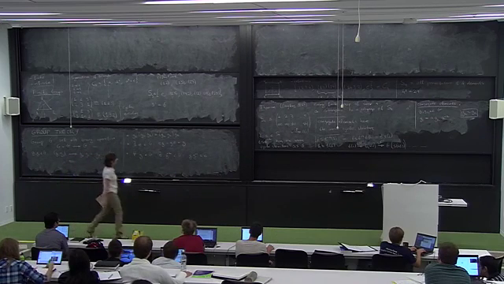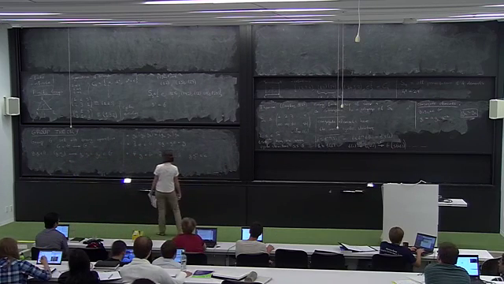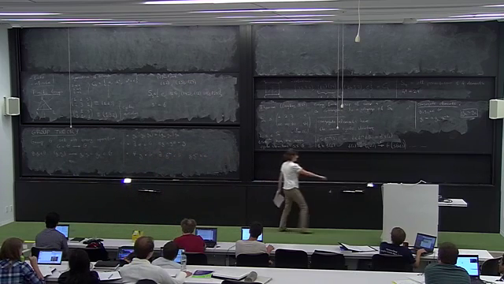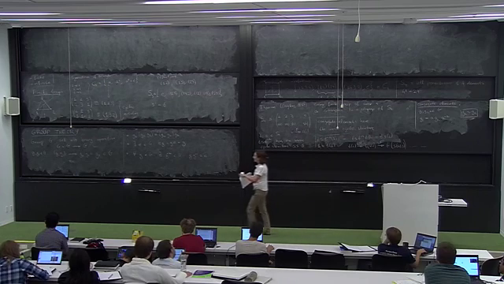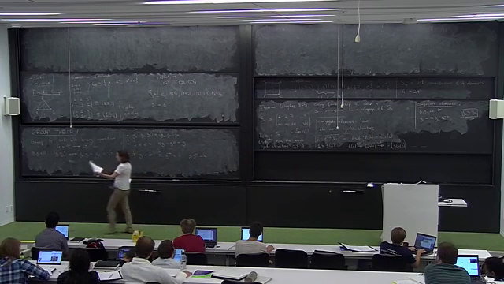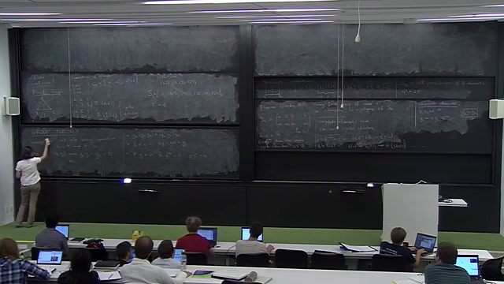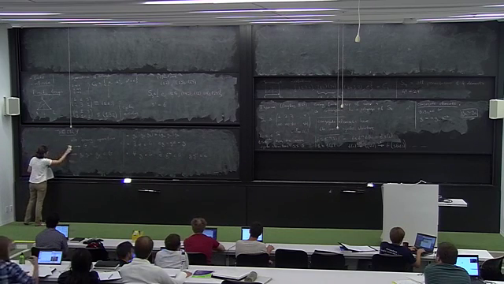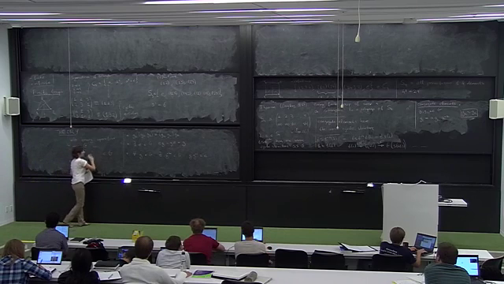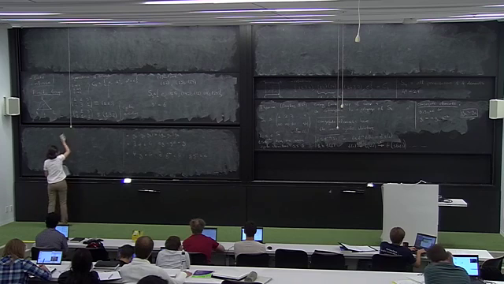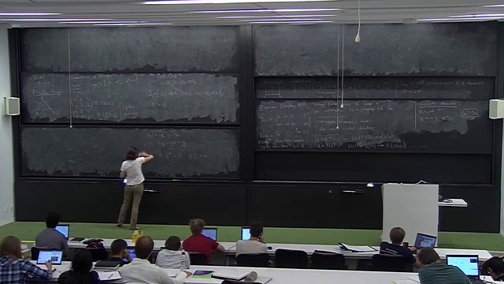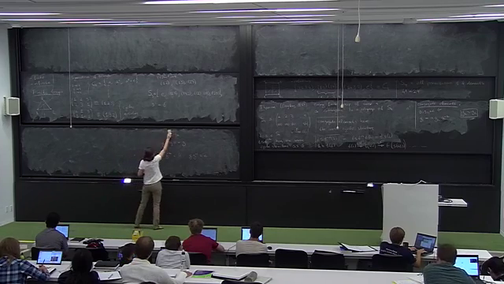But I should have been more clear about the cycle structure. By cycle structure, I mean how many cycles each element of the permutation group has, and how many elements we have in each cycle. So let me write down a few examples, and I think it will be clear.